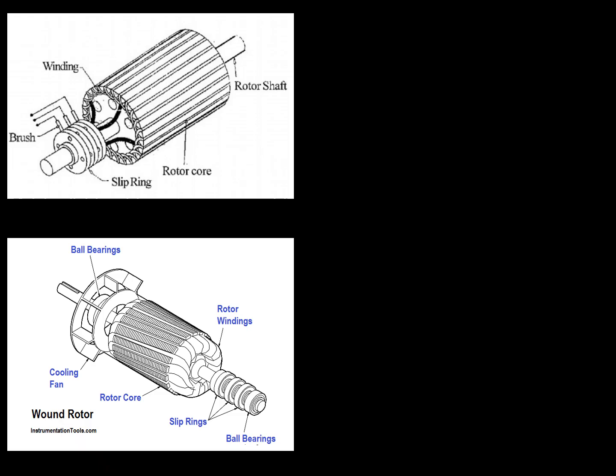The next diagram at the bottom shows a wound rotor type of induction motor with slip rings, but this is a synchronous type of motor.